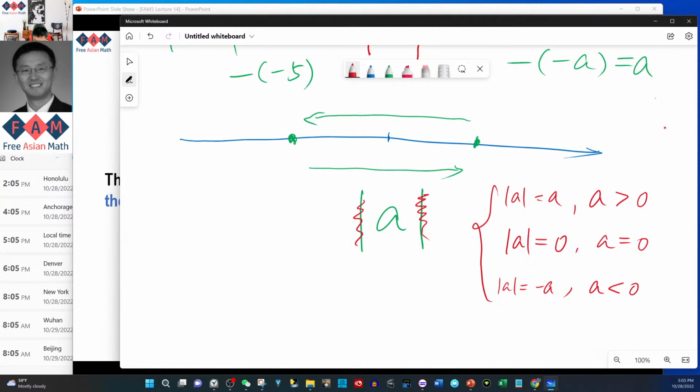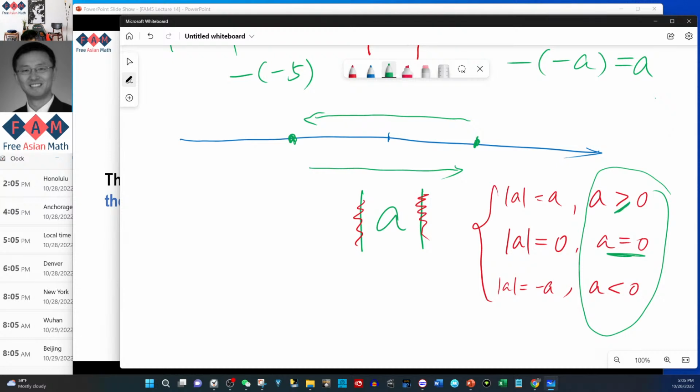So essentially, you are discussing 3 different cases. But because this case is trivial, we usually combine this case with one of the other cases. And most commonly, we put it here.